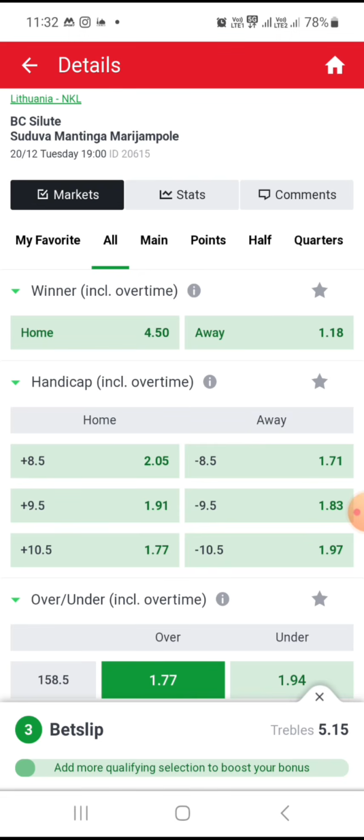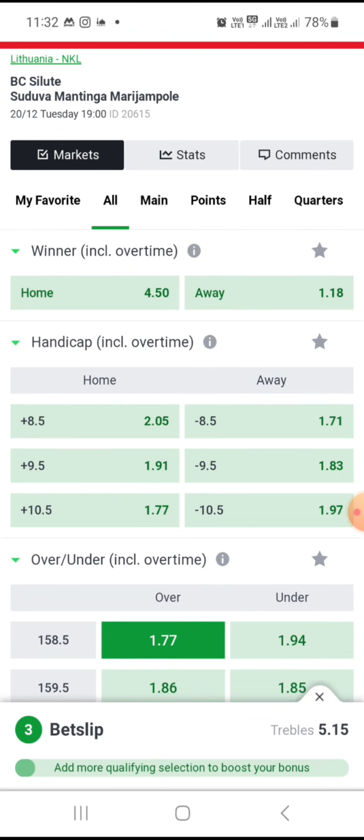You check the stronger team. Since the stronger team, for example, the away team Sudova, is the stronger team, you take cognizance of it, and because it's the stronger team, under the handicap you have to target the less strong team, for you to give them away, for you to give them to win or so.